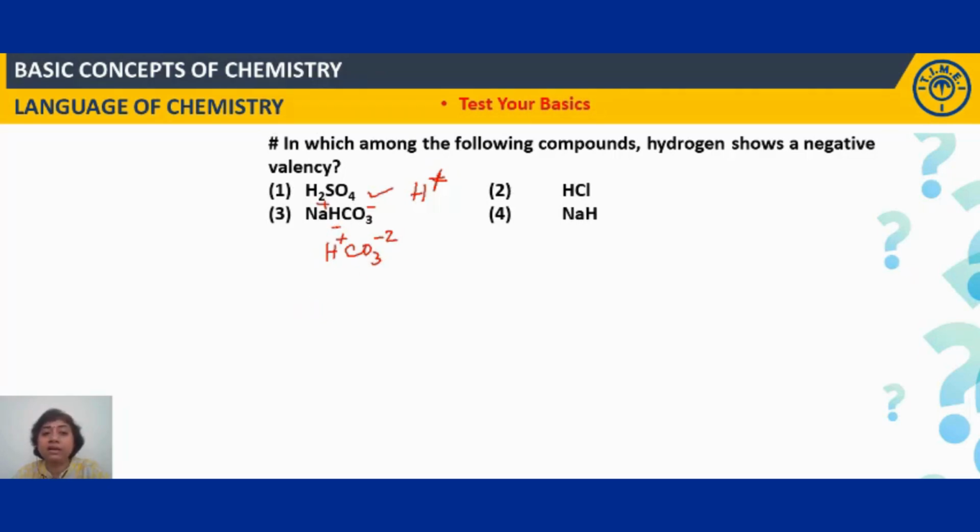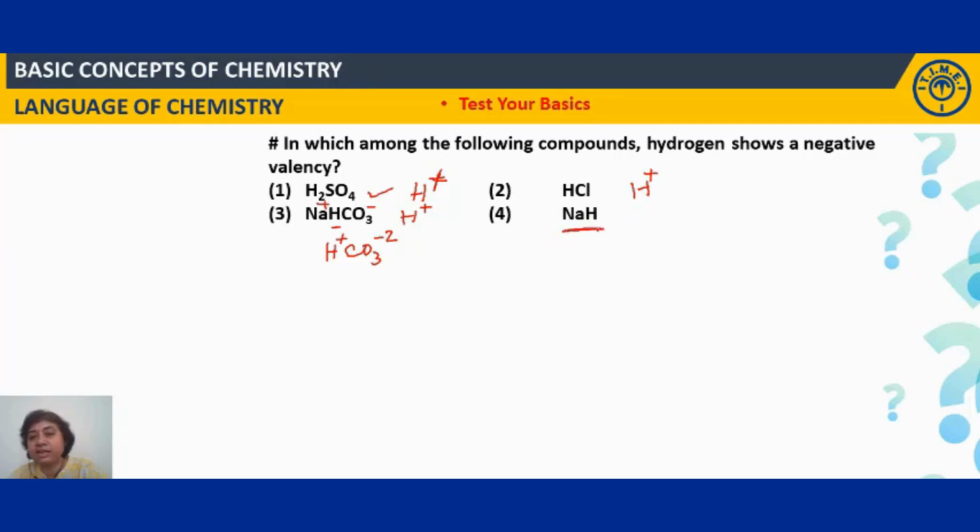So in sodium bicarbonate also the hydrogen is in the plus state, right? In sulfuric acid, hydrogen is in the plus state. In sodium bicarbonate, hydrogen is in the plus state. In HCl also, it is starting with hydrogen, so here also hydrogen is in the plus state.